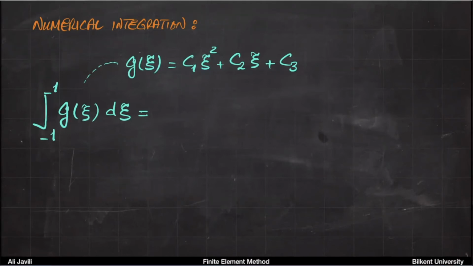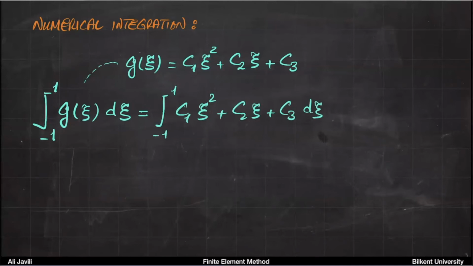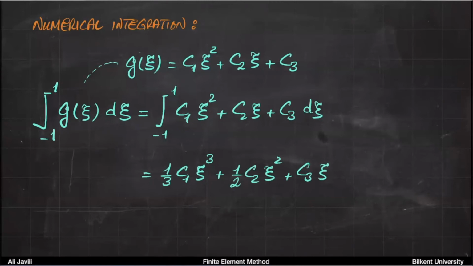So this integral would be the integral from -1 to 1 of c1 xi squared plus c2 xi plus c3 dxi. Now, if you integrate that, it would be 1/3 c1 xi cubed plus 1/2 c2 xi squared plus c3 xi, from -1 to 1.